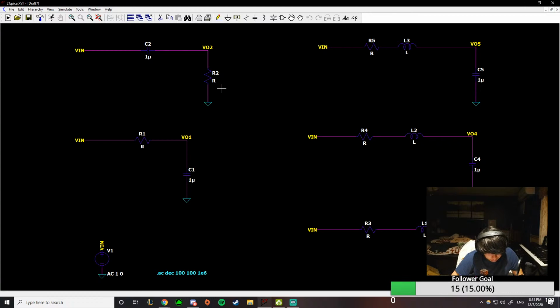3b is going to be negative j, the inverse of wC, all over R3 minus j, wait, plus jwL minus jwC inverse.